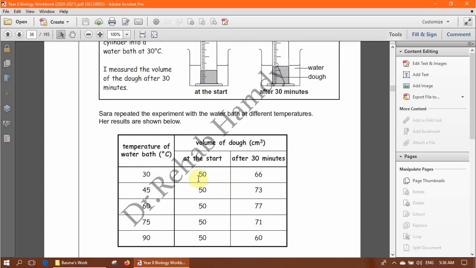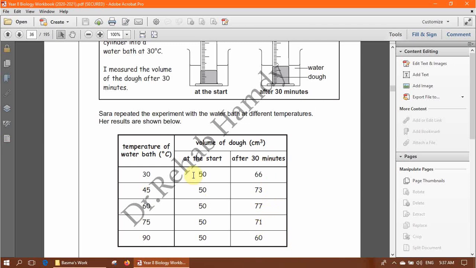And as you see, as you increase the temperature of the water bath, the rise of the dough increased up to 60 degrees Celsius, and then the bread dough rises, but not as much as at 60. So the maximum rise was at 60 degrees Celsius. This means that the yeast needs a warm temperature, not cold and not hot.